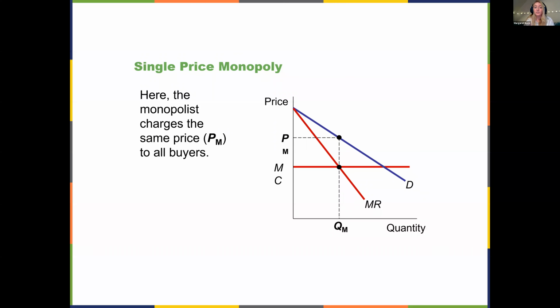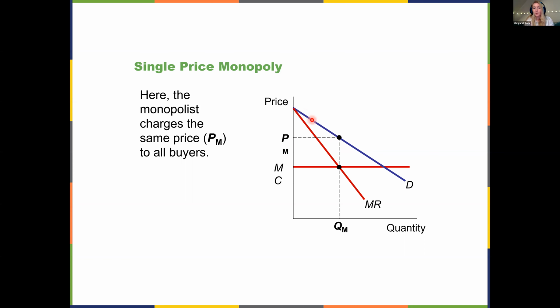So here the monopolist charges the same price to all buyers. Everyone pays this PM price here. So that means there are still some consumers that get some consumer surplus from paying this price. Particularly, it would be these people that lie on this part of the demand curve.